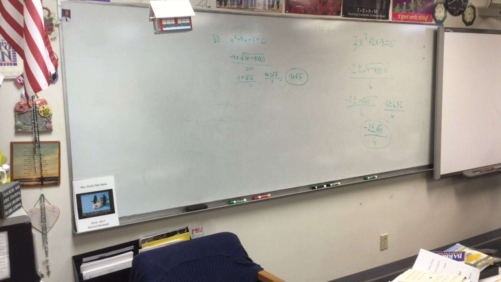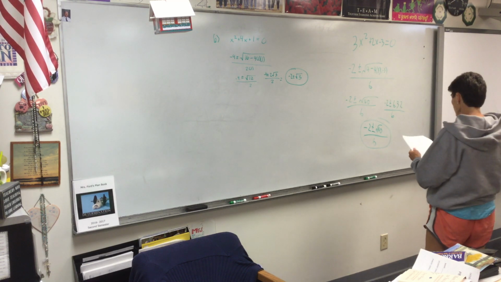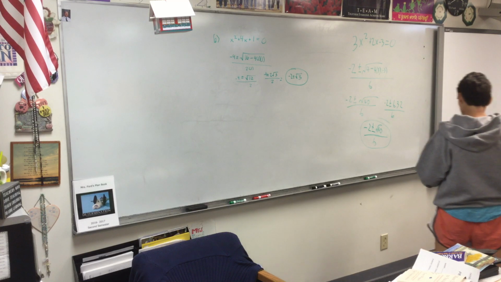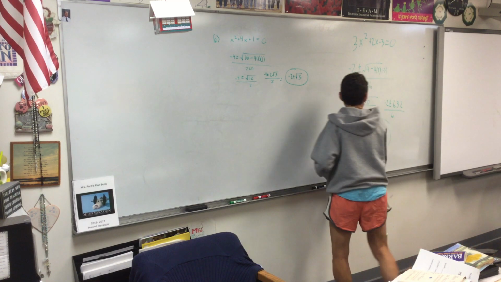All right, let's take a look at them and see how we did. -2 plus or minus 2 root 3. Okay, 6 is right. 5 is right. Now, James, let's look at this one for a second.